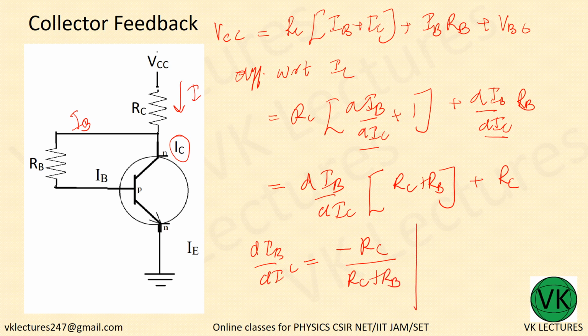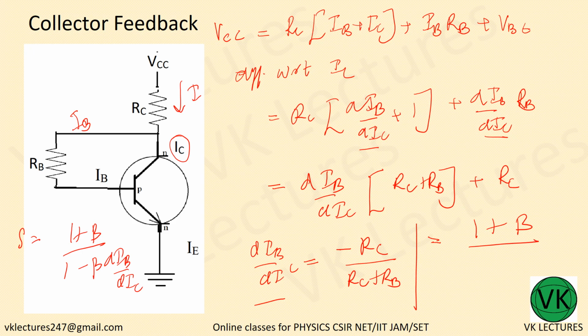Now we have the stability factor equation. S is equal to 1 plus beta divided by 1 minus beta into DIB by DIC. Just substitute this DIB by DIC in this equation. So what you are getting is 1 plus beta divided by 1 plus beta into RC divided by RC plus RB.